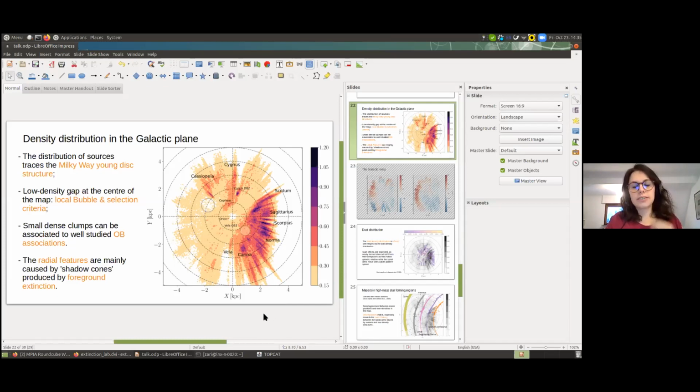But of course, another reason is that distances have errors, and the errors tend to move stars along the same line of sight. I don't know if that's clear. So it is a combination of distance uncertainties and whether we can see through the dust or not.